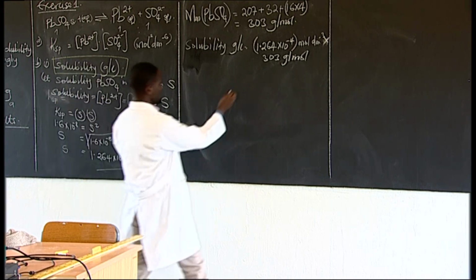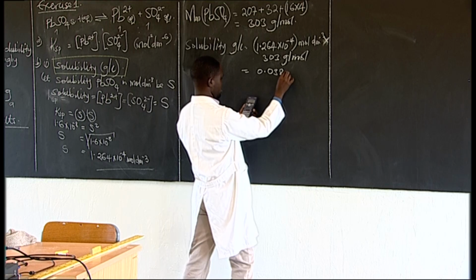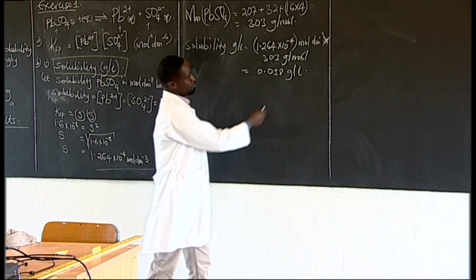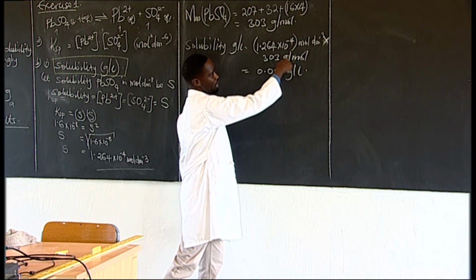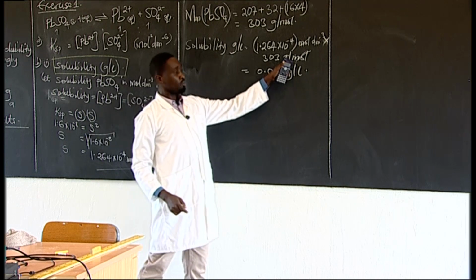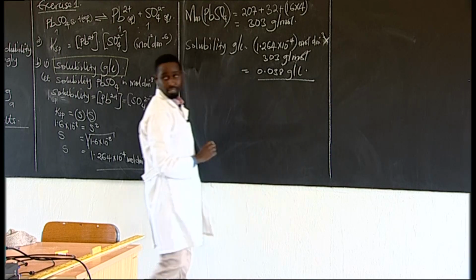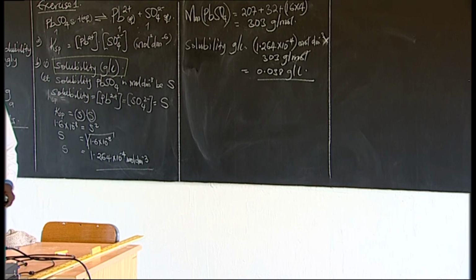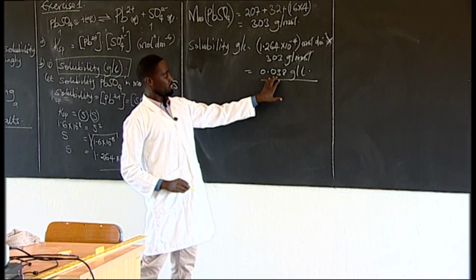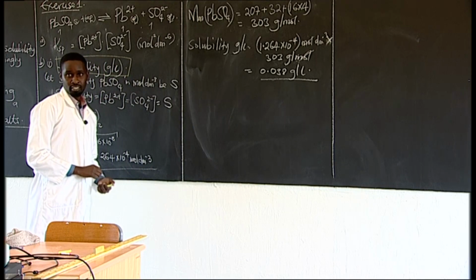You will get 0.038 gram per liter. The mole in gram over mole will go with the mole up here. We remain with the gram and the decimeter, which is per liter. So that is the amount that dissolved in a liter for lead sulfate.